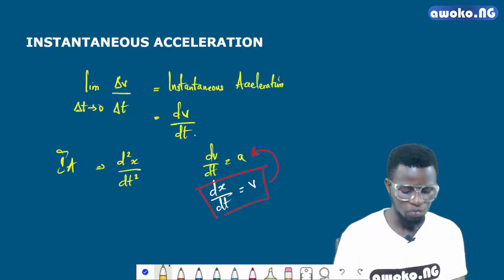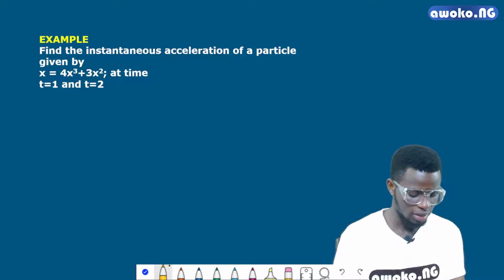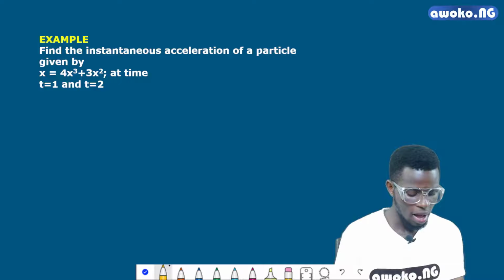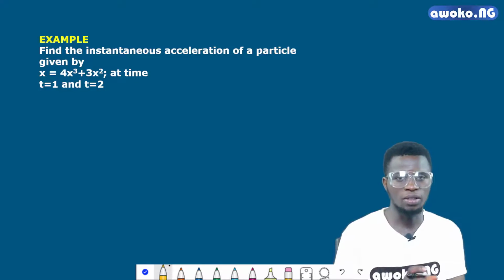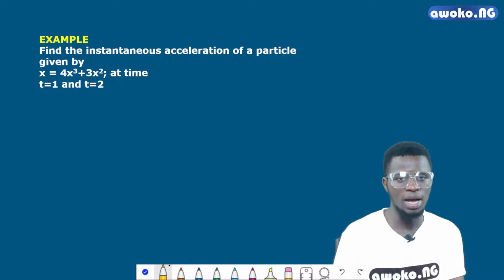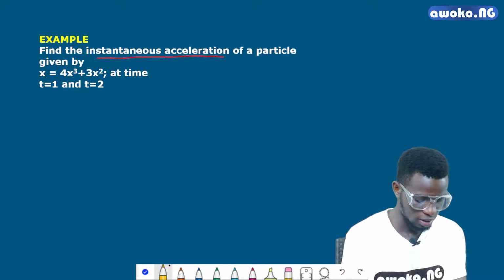So having considered that, let us take an example to illustrate what we have just said. We're told that a particular body or particle has the equation shown on the screen. We have x equal to 4t cubed plus 3t squared, at time t equals 1 and time t equals 2. Our task is to look for the instantaneous acceleration.